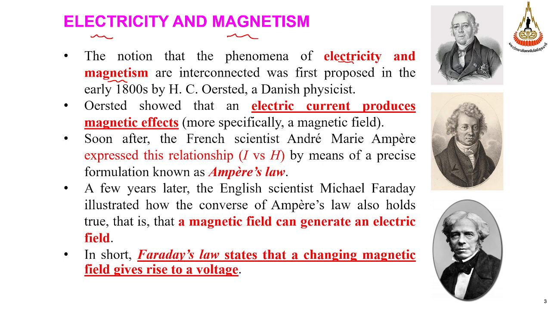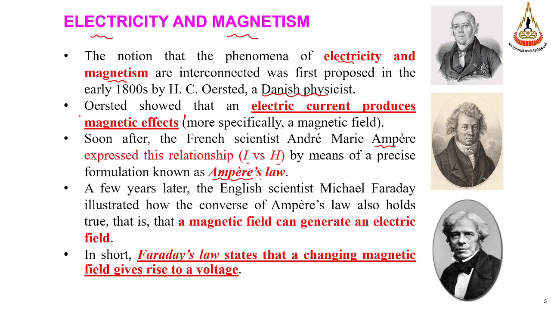And then the researcher found that the electric current produced a magnetic effect, by the Danish physicist, right? And after that, Ampere found that there is a relation between I and H, we mean the Ampere law.